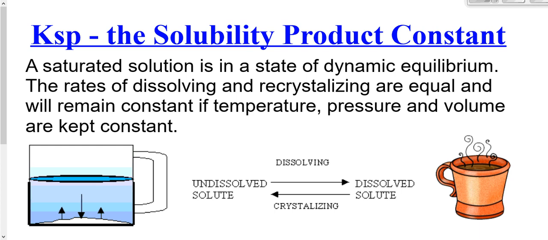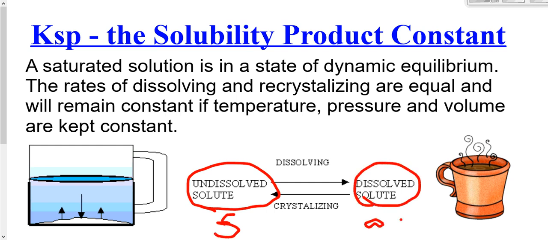The neat thing that really helps us out as chemistry students is if our equilibrium is between an undissolved solute, something that's in the form of a solid, and a dissolved solute, something that's in the form of aqueous, we can remember that solids are never included in Keq calculations of any kind.